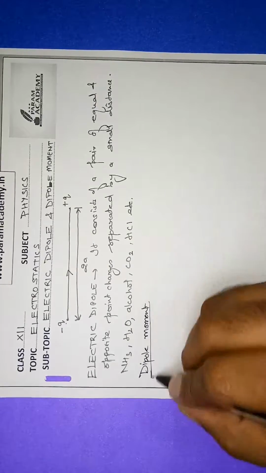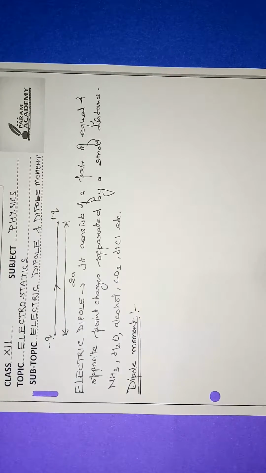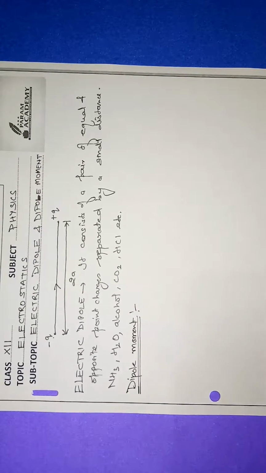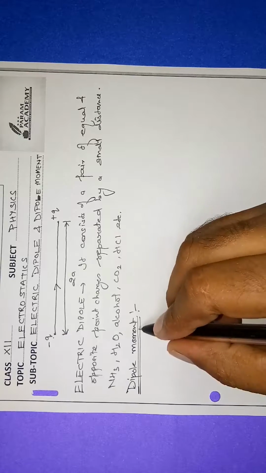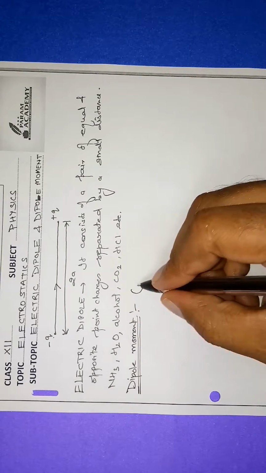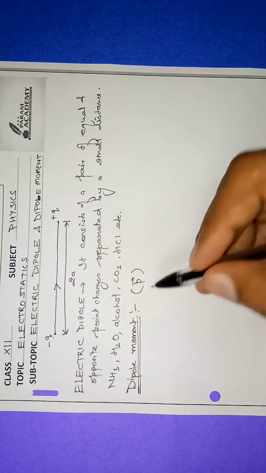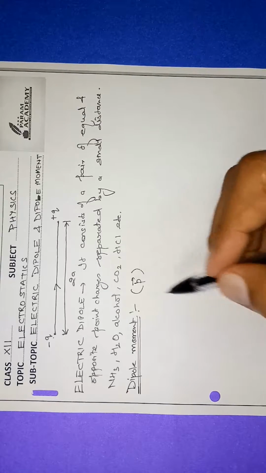Dipole moment is the physical quantity which measures the strength of an electric dipole. It is represented by a small p, and as it is a vector quantity, I mark an arrow on top of it.